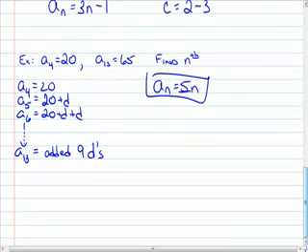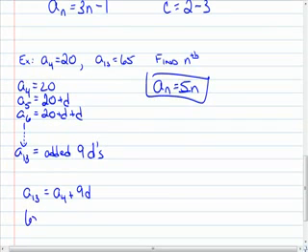Yeah. So think about A13. It would be whatever A4 is plus 9 of these D's, right? A13 is 65. A4 is 20.